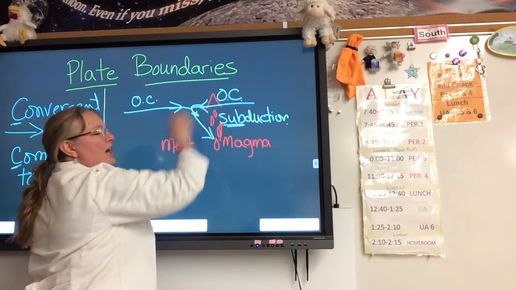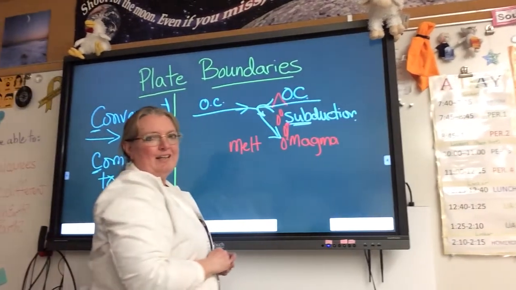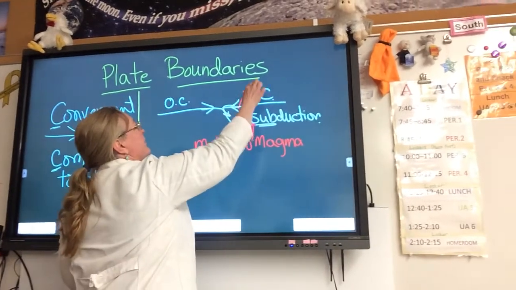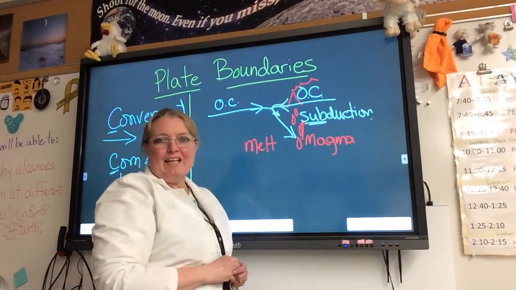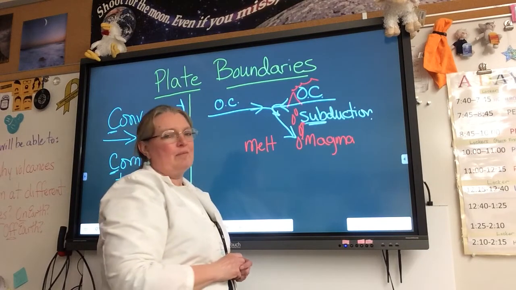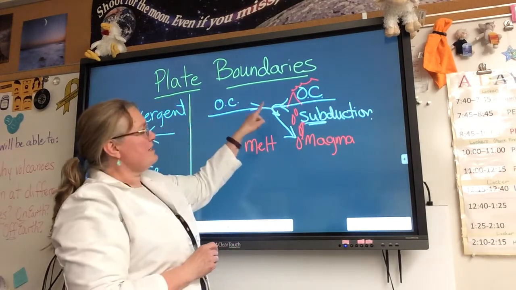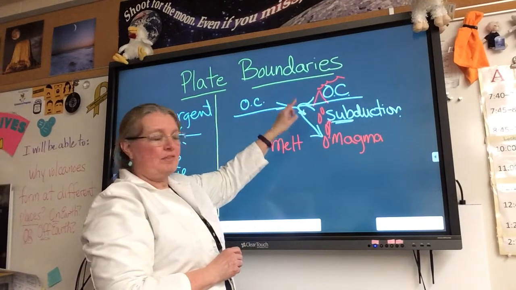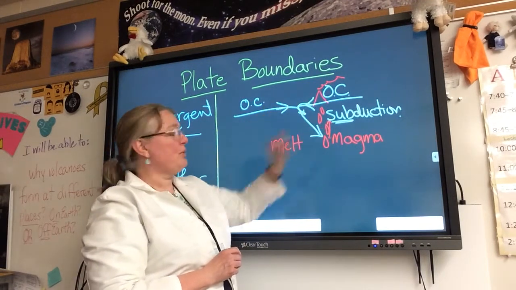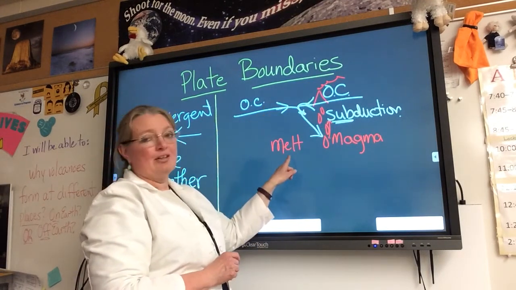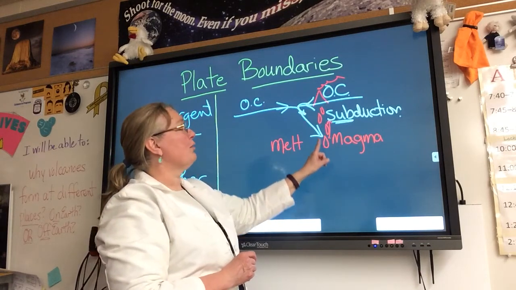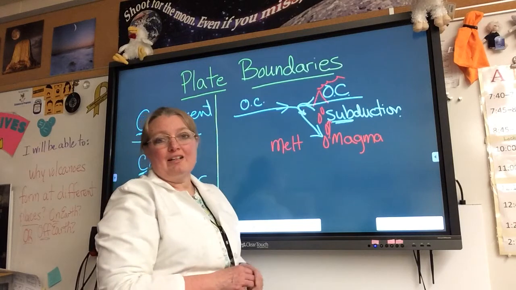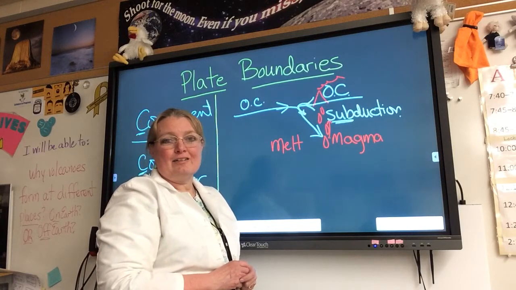And when it gets to the top, you got it, it's a volcano. Because we're in the middle of the ocean, we're going to get a volcanic island. So, ocean crust come together. Subduction is the process. It's going to melt in the mantle and make magma. It's going to want to rise and create a volcanic island.